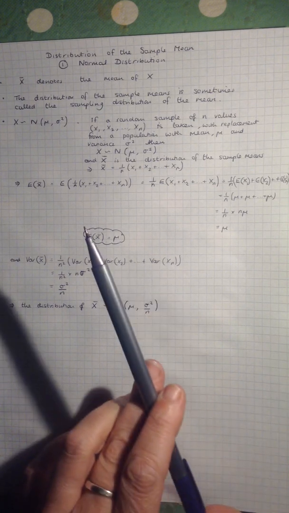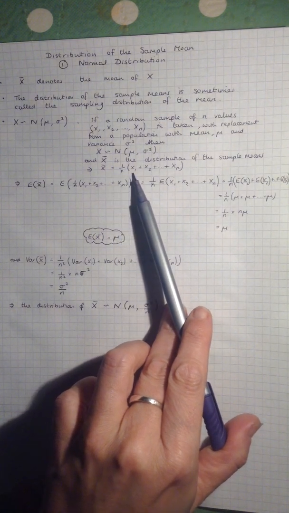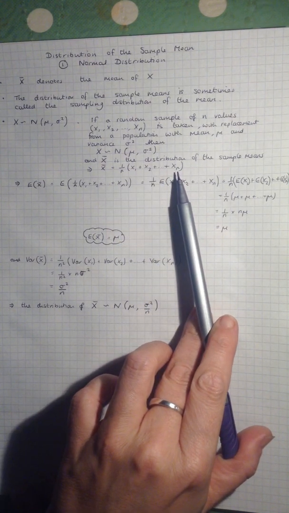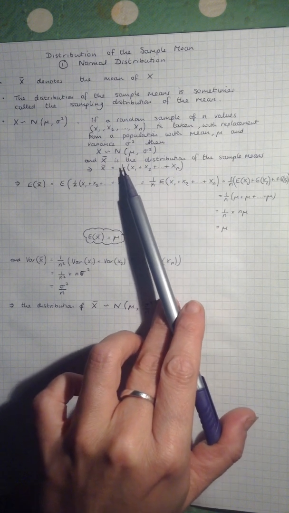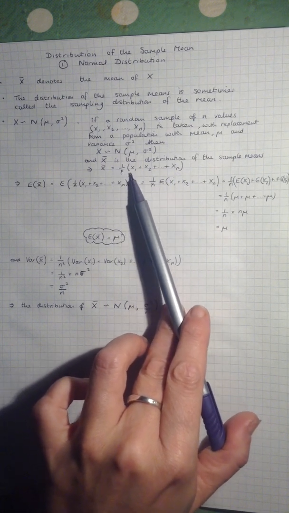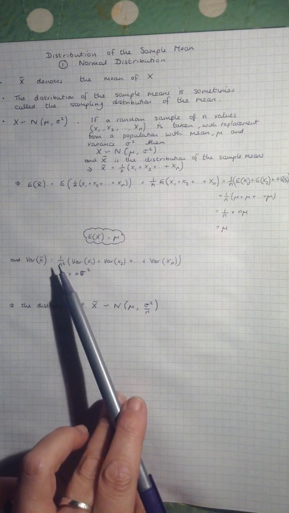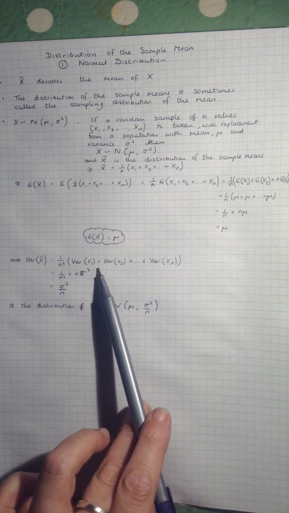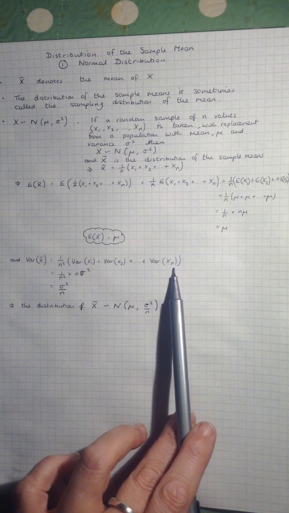So if x bar is our 1 over n times all of this, then we know that the variance will be this squared times the variance of the bracket. So that's where the 1 over n squared times the var of x1 plus the var of x2 all the way up to the plus the var of xn comes from.